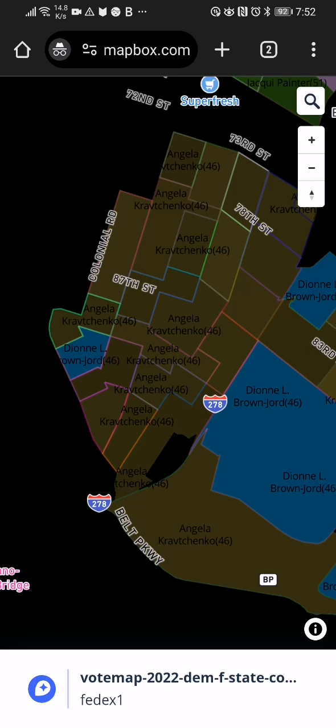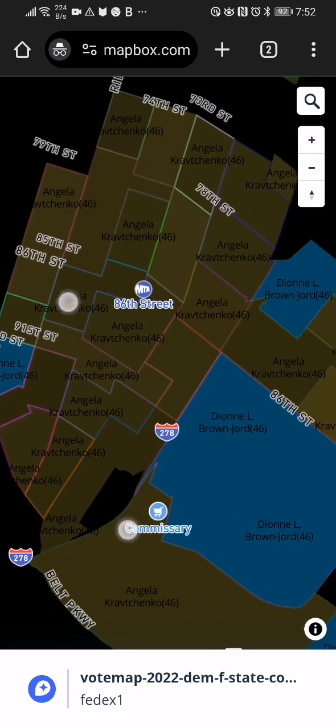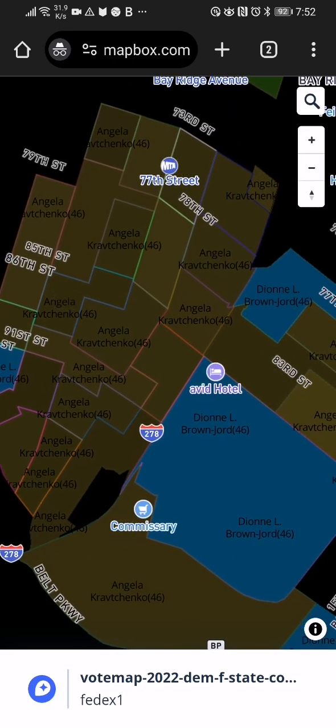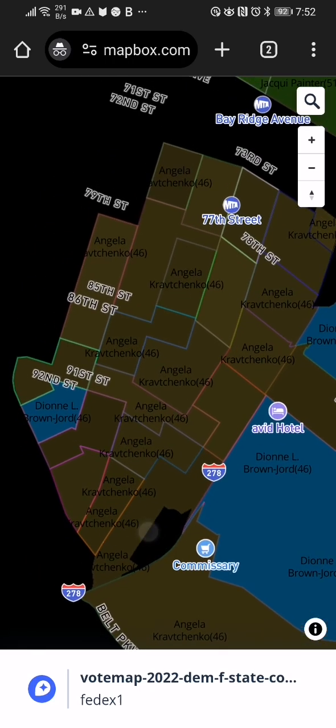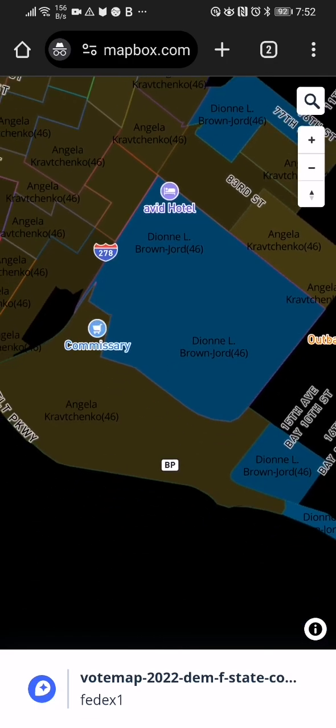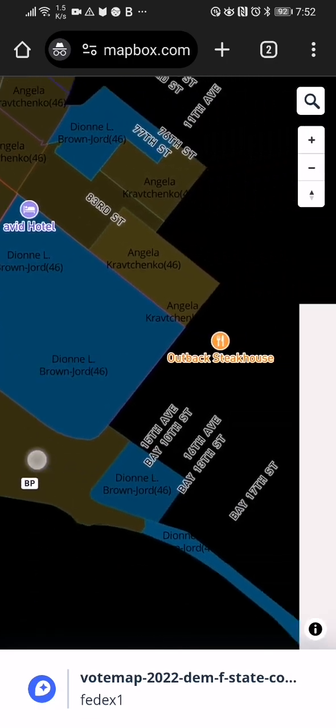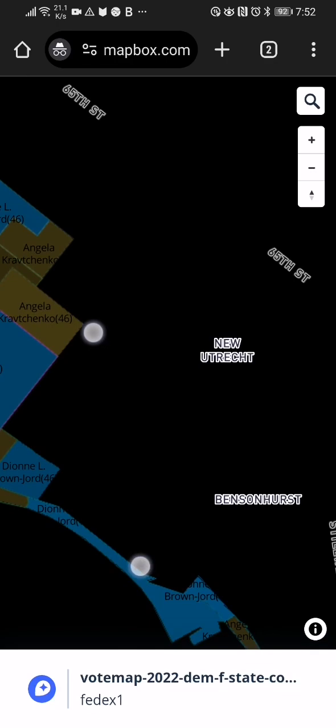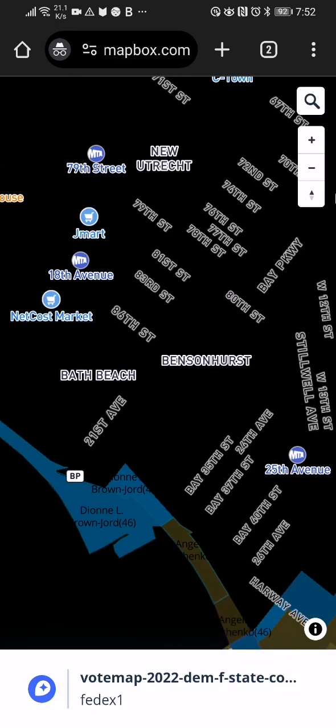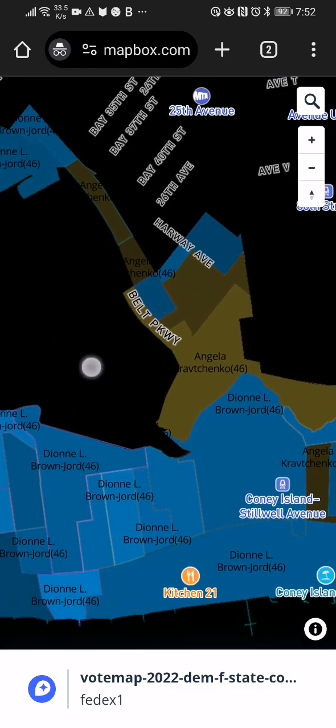Bay Ridge area, and it looks like there was Dion Brown Jord, and this might be cut off because it cuts off at 20 characters, versus Angela Ravchenko. And it looks like Angela may have won because she seems to have more election districts. Now, if we go over here, there's other ones.